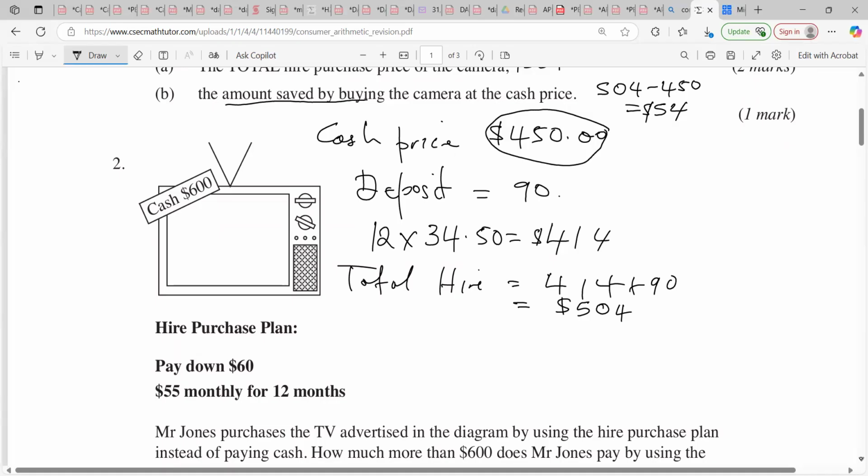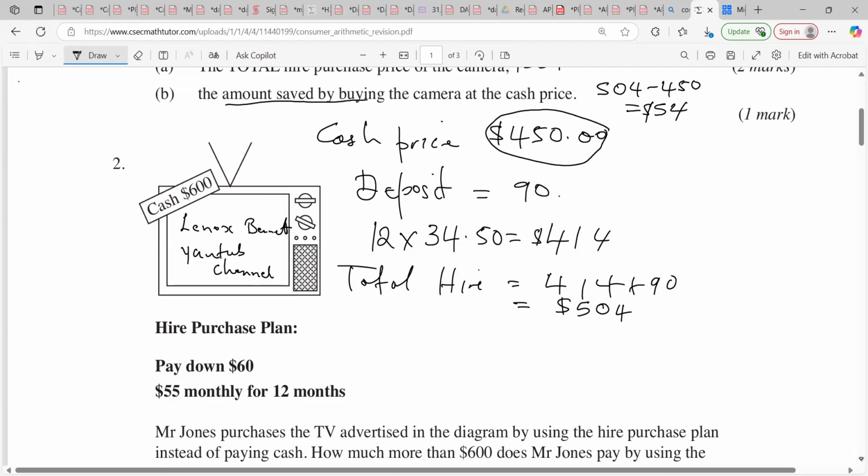All right, this is a new question actually. The cash price for the TV. So the hire purchase plan says pay down $60, then you pay $55 every month.